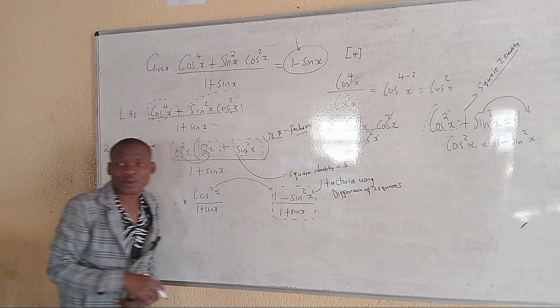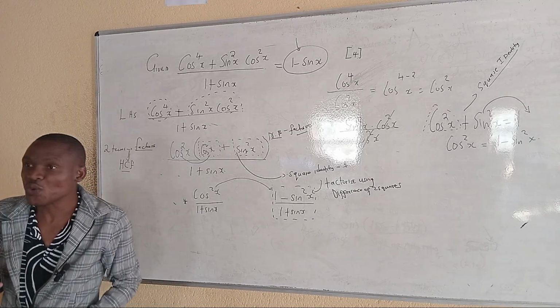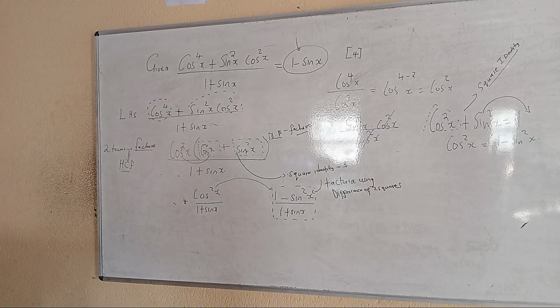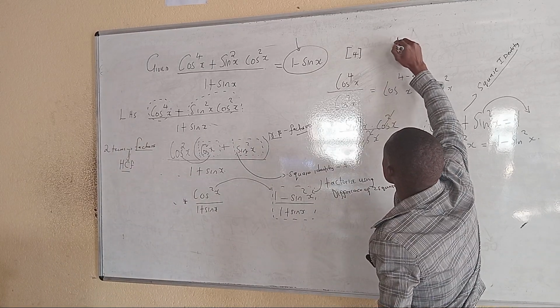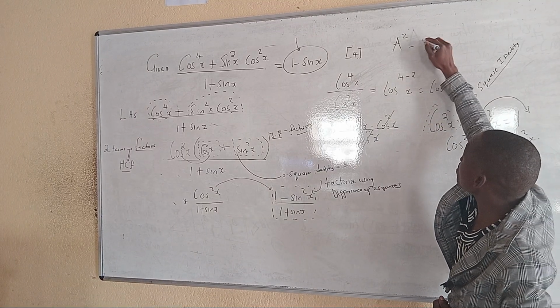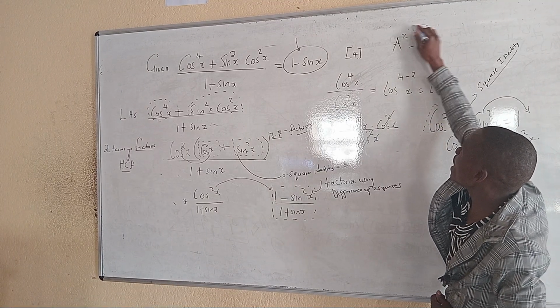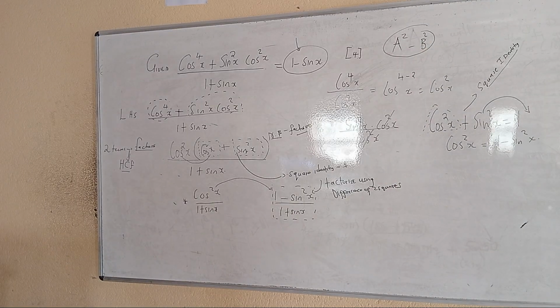This is a very nice problem, guys. Practice it. You can factorize using the difference of two squares. In maths, if you have a squared minus b squared, this can be factorized using the difference of two squares.